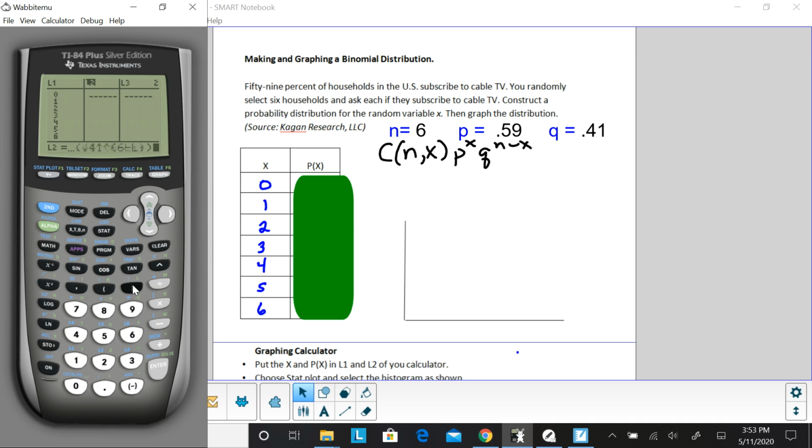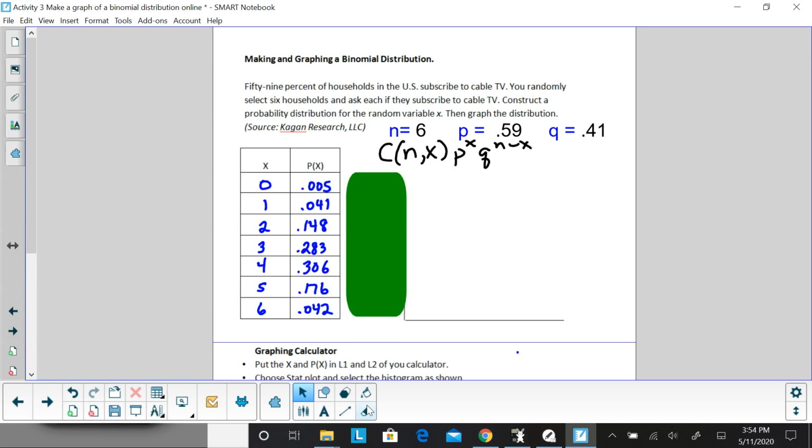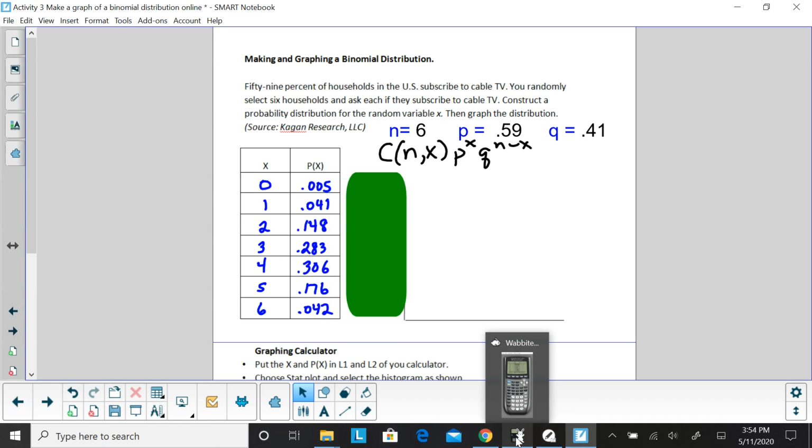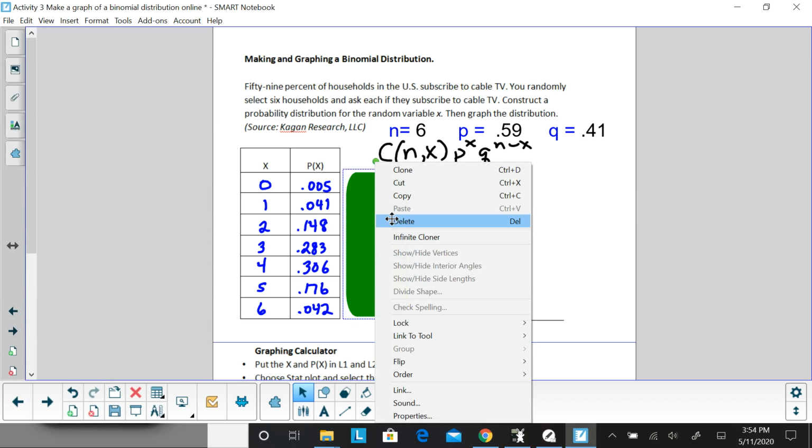And then put a parenthesis to close around that 0.41 there. And then press enter. And there you should have all of your values. And then you want to change those so that you can, I just carried them out to 3 decimal places to put them in there.